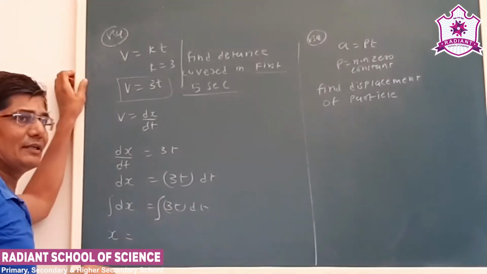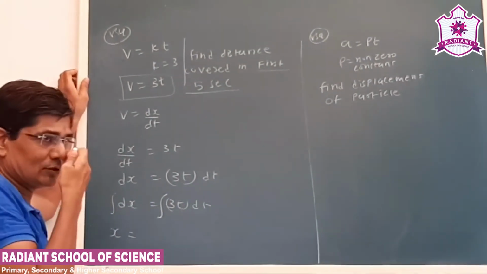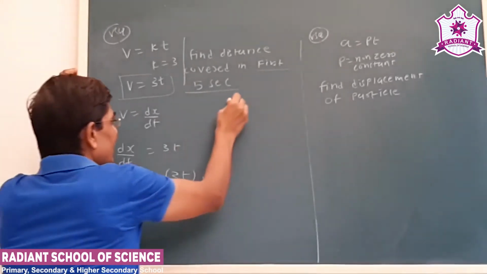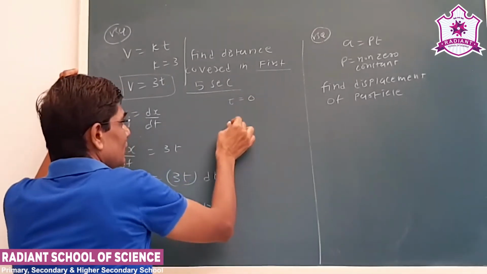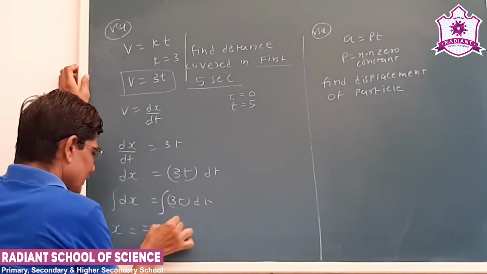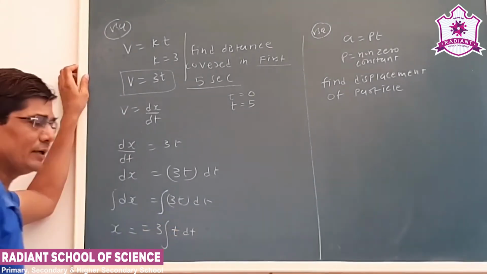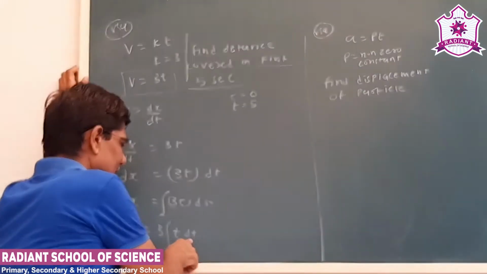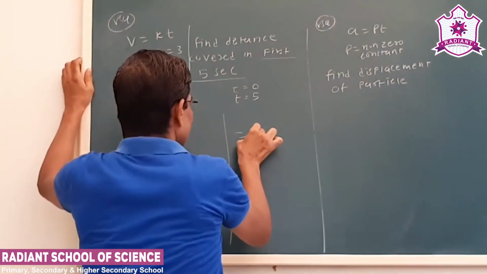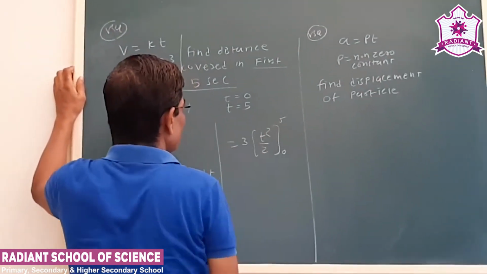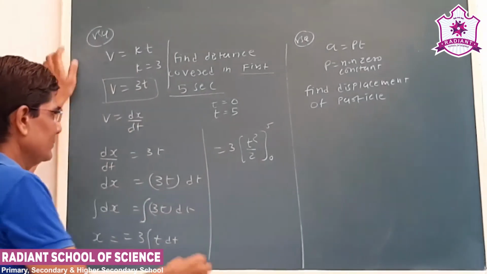Whenever there is integration with a time interval, that is called the definite integral. So in that case t equal to 0 will be the lower limit and t equal to 5 will be the upper limit. Now 3 into t dt, 3 is constant. Integration of t dt is t square by 2, so that is 3 into t square by 2, with lower limit 0 and upper limit 5.